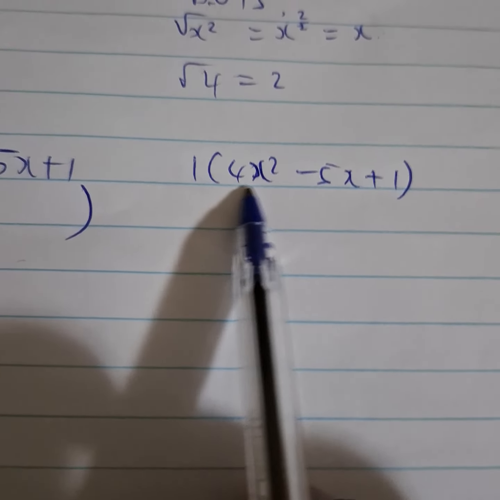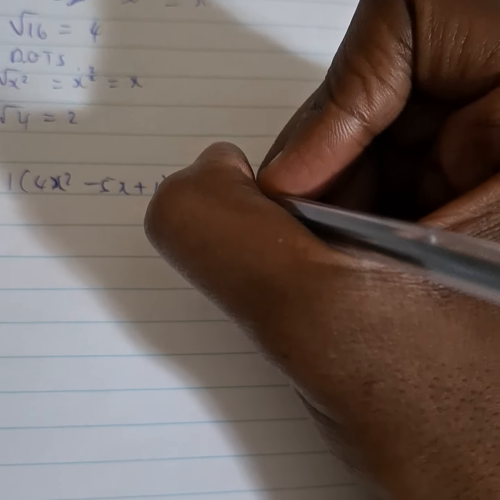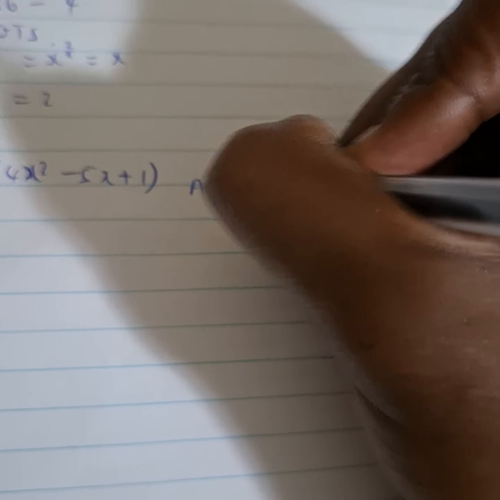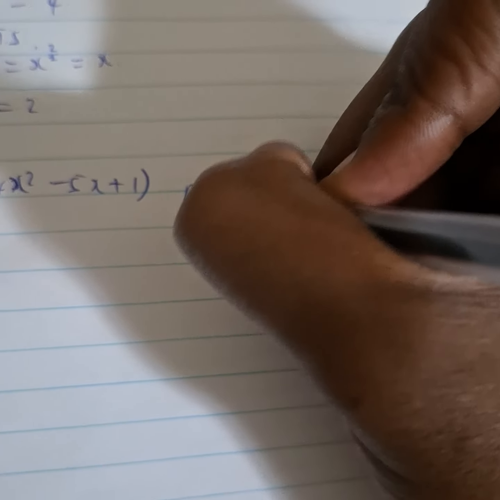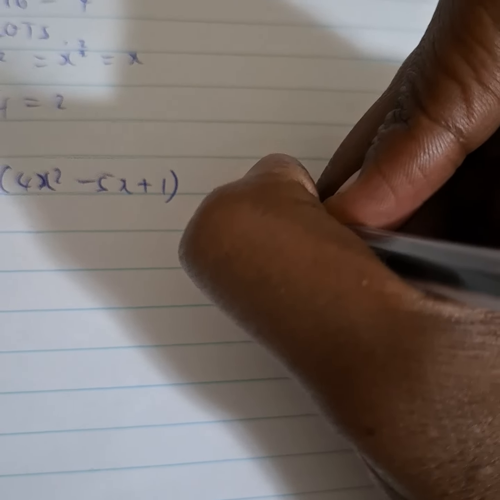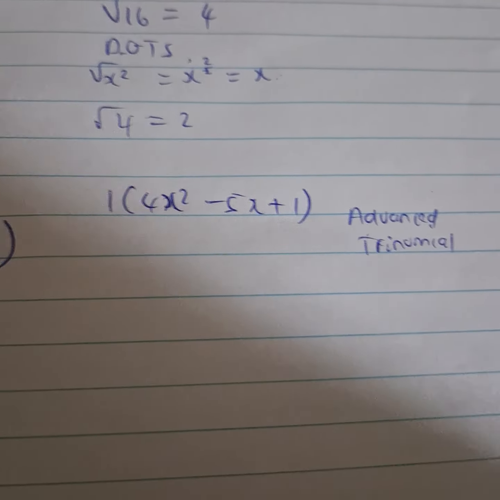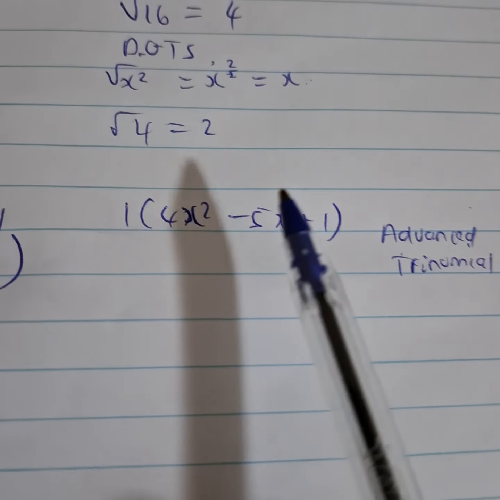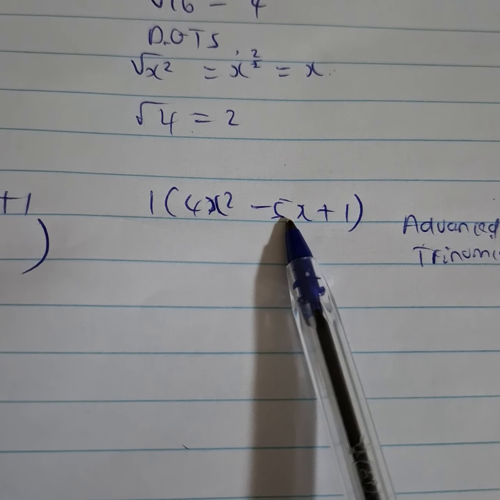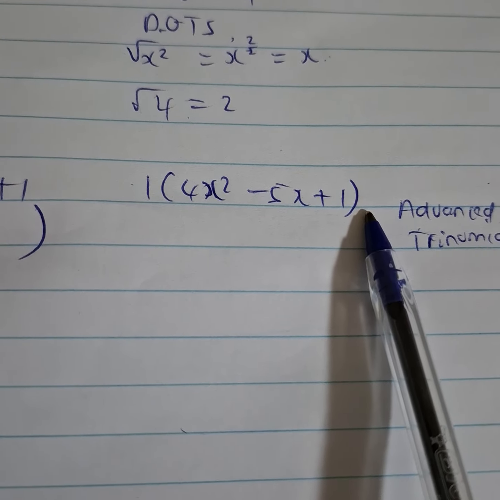But what you can see is that in this bracket we have something that we call an advanced trinomial, which means it's not as straightforward as finding just factors of 1 which when we multiply give us 1 and when we add give us negative 5, because those are not even there.